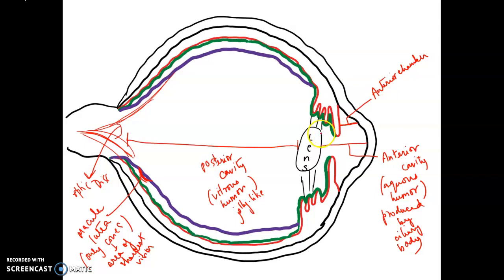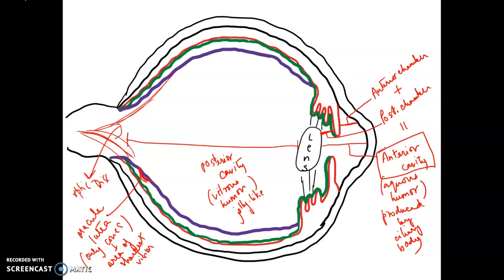And from the iris to the lens, this is called the posterior chamber. Remember, the anterior chamber and the posterior chamber together make up the anterior cavity.